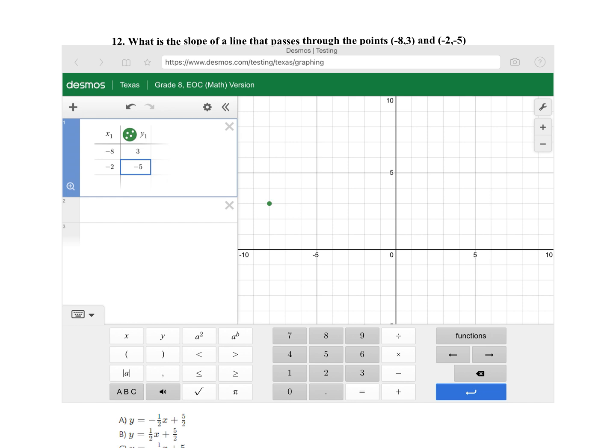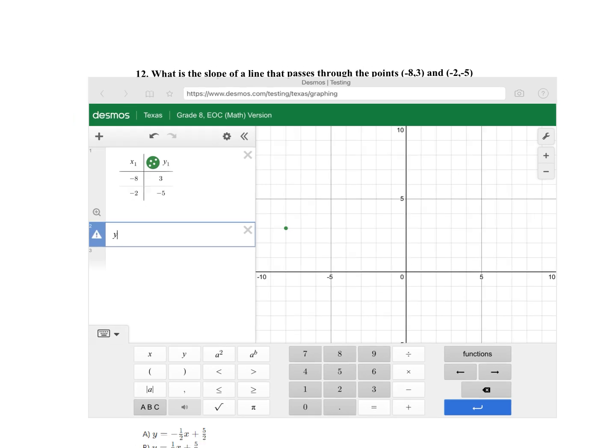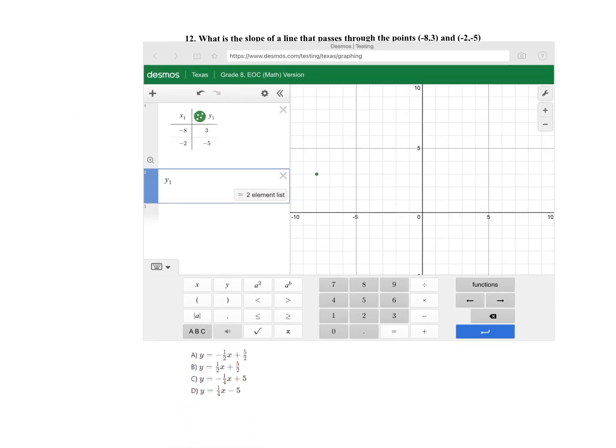So once I type this in here, I can go into a new line. Now, if you look up top, I don't have x and y. I have x1 and y1. So we're going to type y1. And then we don't use the equal sign.